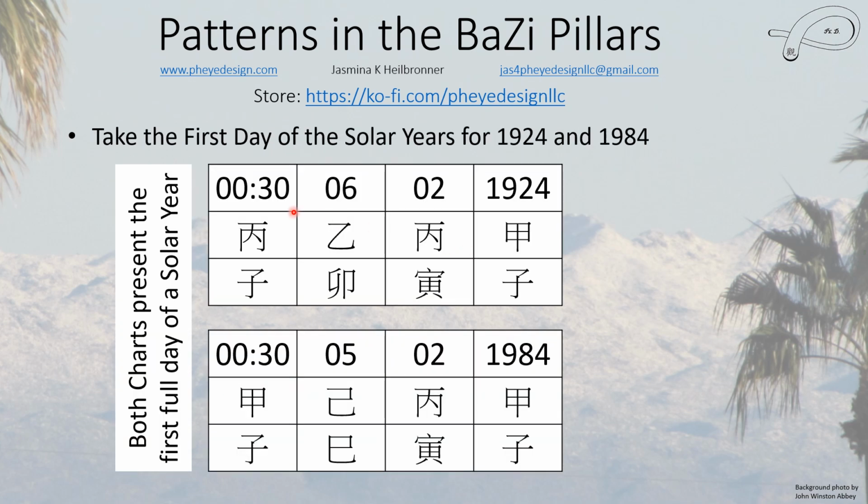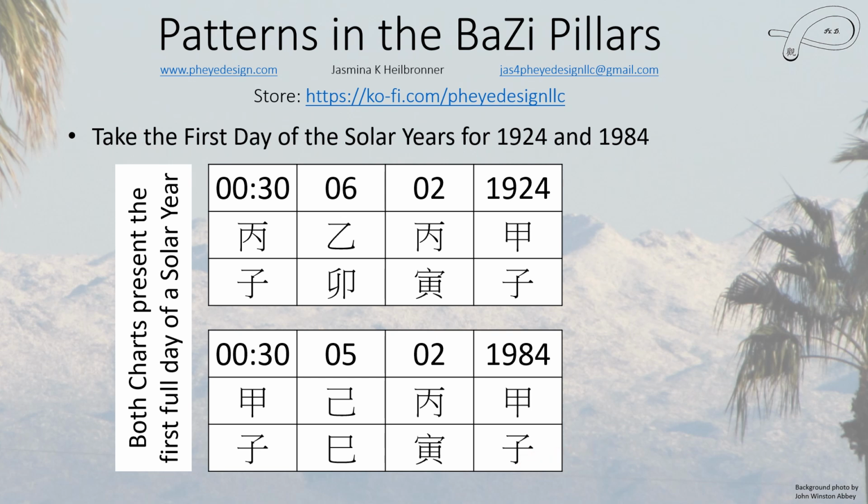So if we just start with the first day of the solar years, these are 60 years apart, and we don't even have the same animal sign for the day. We are always going to have a rat for the hour because we're talking right after midnight. So this will always be a rat, but we do have different days.